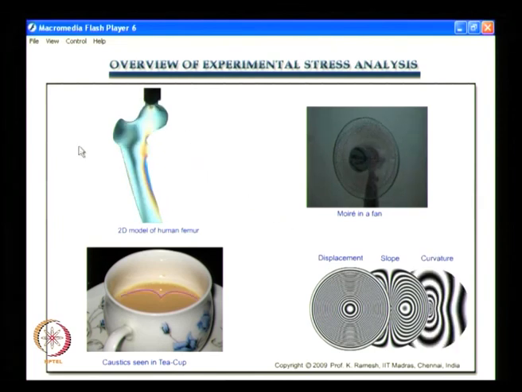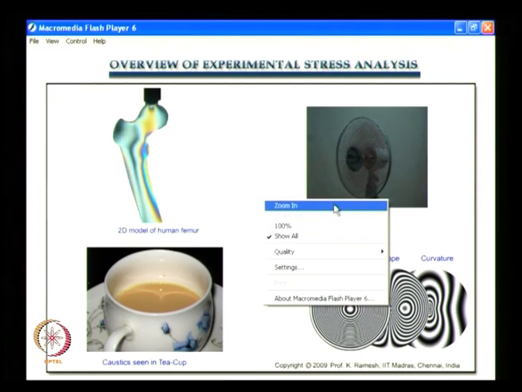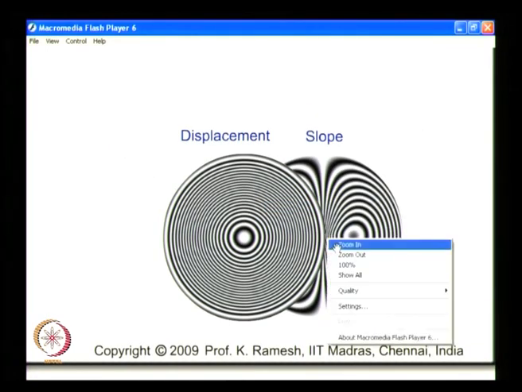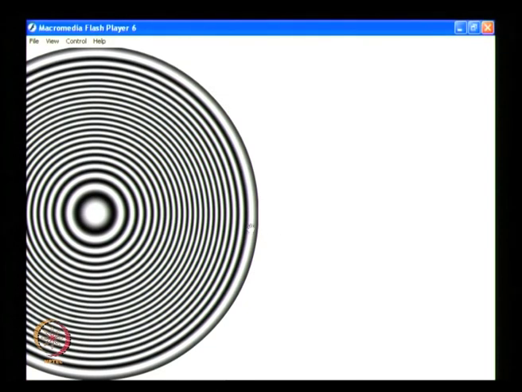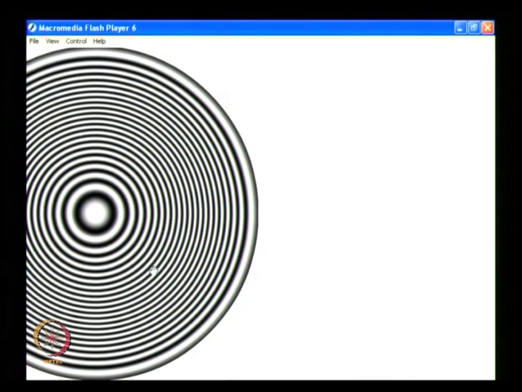Here you see the use of photoelasticity for finding out the stress patterns, and here you find the use of techniques like Moire, holography or shearography to reveal various fringe patterns, and you find here the out of plane displacements.